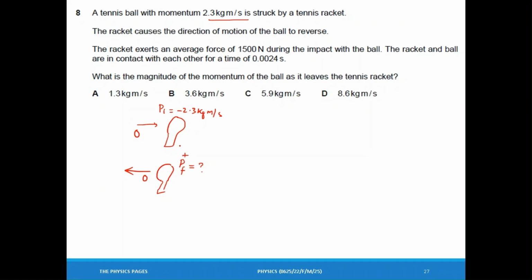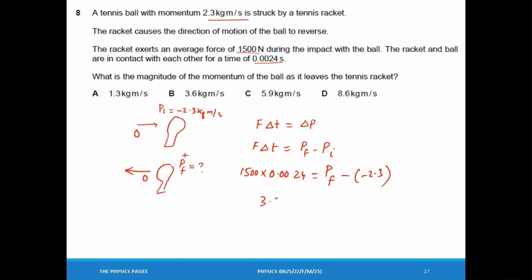Now, the contact time between the ball and the racket is 0.0024 second, and the force applied is 1500. The rule says force times impact time is equal to change in momentum. So we can simply say force times impact time is final momentum minus initial momentum. So 1500 times 0.0024 is equal to our required final momentum minus negative 2.3 kilogram meter per second initial.